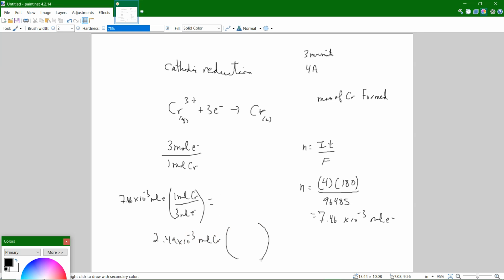And the molar mass of chromium, I want to say it's 51.99, but flipping here, it is 51.996. That's just sad that I know that off by heart, isn't it? 51.996 grams per mole. So 2.49 times 10 to the minus 3 times 51.996 is 0.129 grams of chromium.